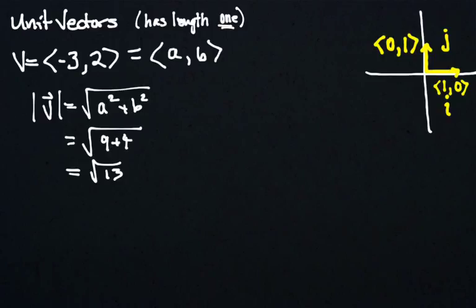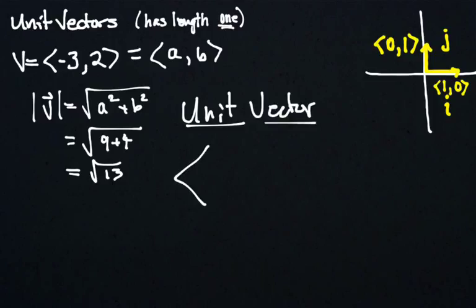If you were to find the direction, yesterday we said direction was theta equals tan inverse of b over a, of y over x. And I could give you that angle measurement right now, and that vector is going to be headed in that same direction. I want to keep that direction, but I need to change this magnitude so that it's 1. Real simple way of doing that. This is what happens.